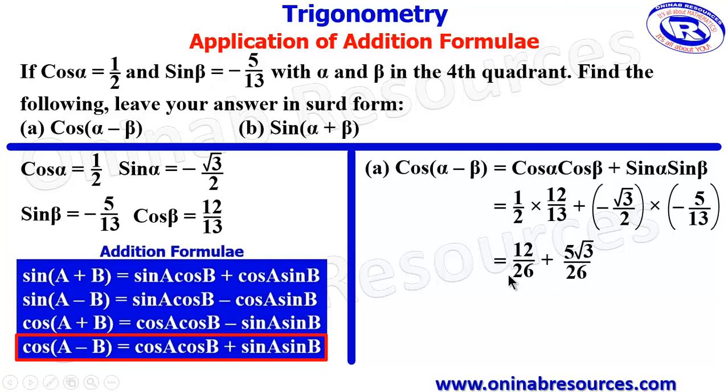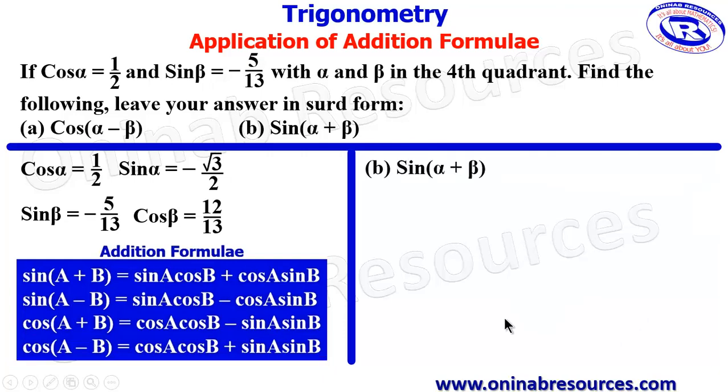Since they have common denominators, we just bring the numerators together so that we now have (12 plus 5 root 3) divided by 26. And that is the value of cos(alpha minus beta) in surd form. So that's all for A. Then we go for B.